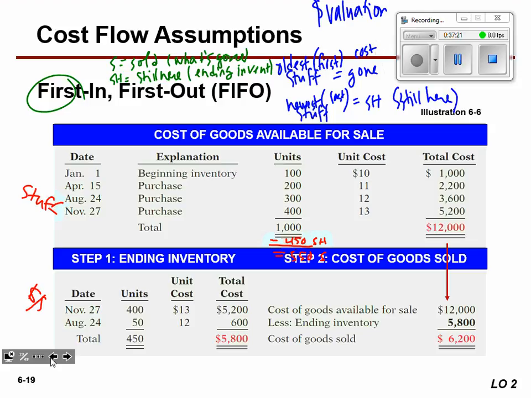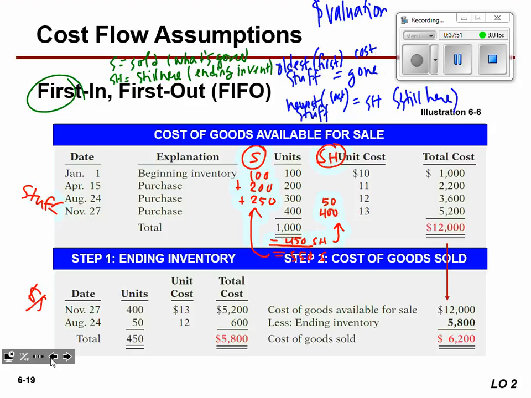So if I made a column that said S and I made a column that said SH, there's my SH, 450. Over here, 100 plus 200. How many did I sell? Ah, yes, plus 250. It's a way to double check your numbers.